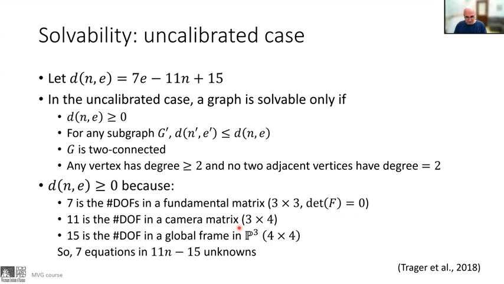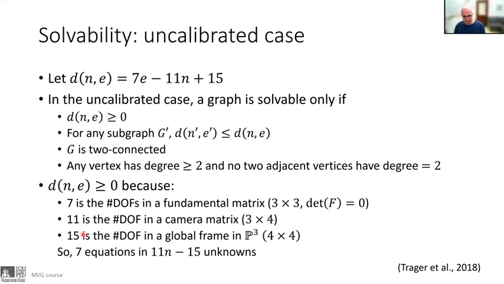A camera matrix is 3 by 4 up to scale, so it has 11 degrees of freedom. And in addition, a global coordinate frame in P3, a projective coordinate frame in 3 dimensions, is a 4 by 4 matrix, so it has 15 degrees of freedom.